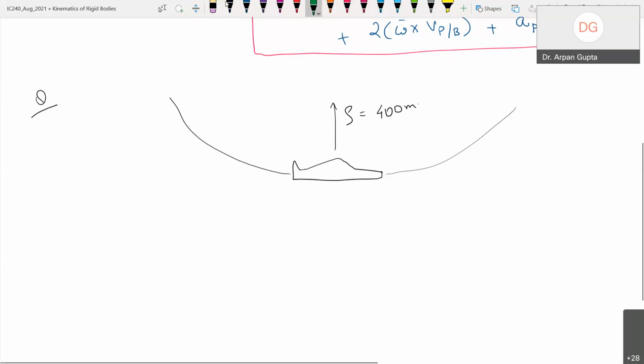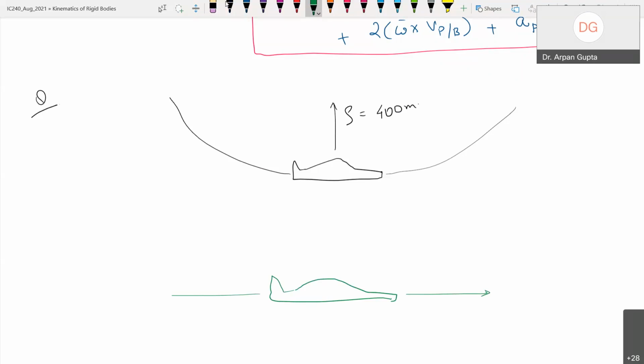And then we have another airplane which is moving horizontally. It's a simple example, everything is in a plane, so it's not 3D. It's just in the XY plane for simplicity. So this is my small x axis, and this is the y axis.